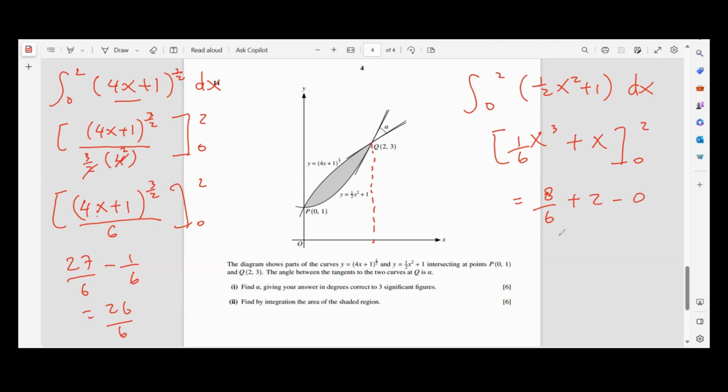So this should be 12 over 6, so 20 over 6. So the shaded area should be the top one minus the bottom one. So 26 over 6 minus 20 over 6. So it should be 6 over 6, or it is 1.